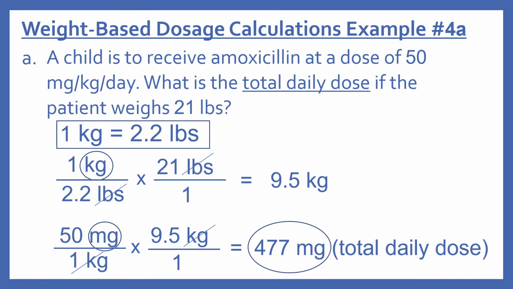So 1 kilogram equals 2.2 pounds. So 21 pounds divided by 2.2, that equals 9.5 kilograms. Then we have a dose of 50 milligram per kilogram. So 50 times 9.5 equals 477 milligrams. So that is our total daily dose, 477 milligrams.